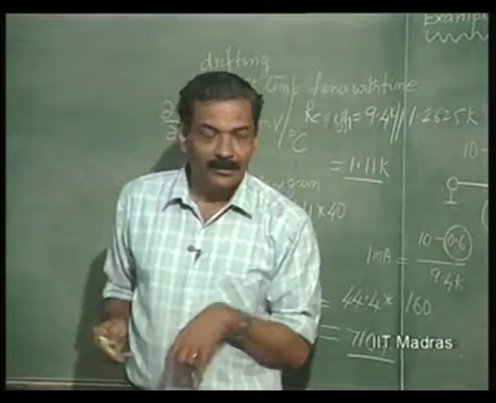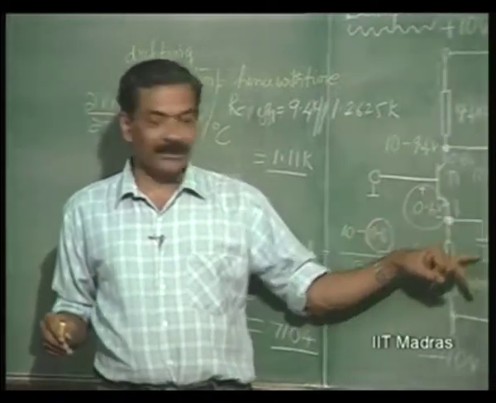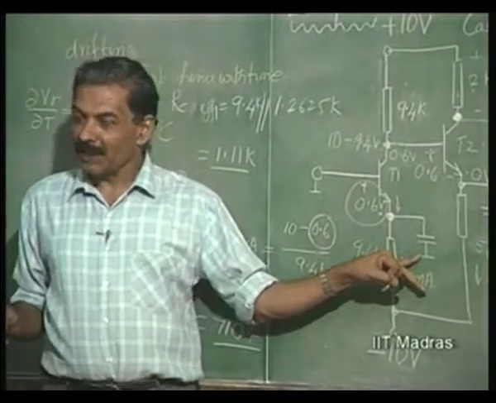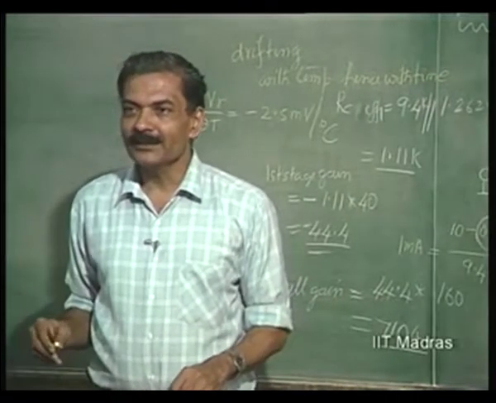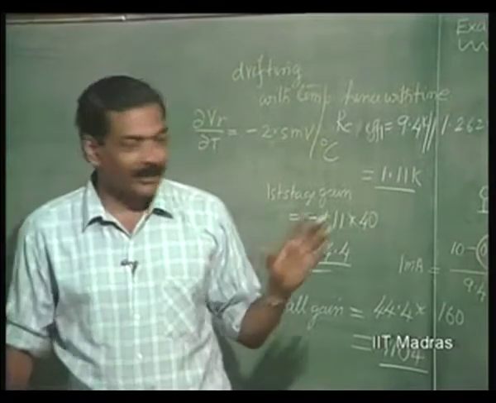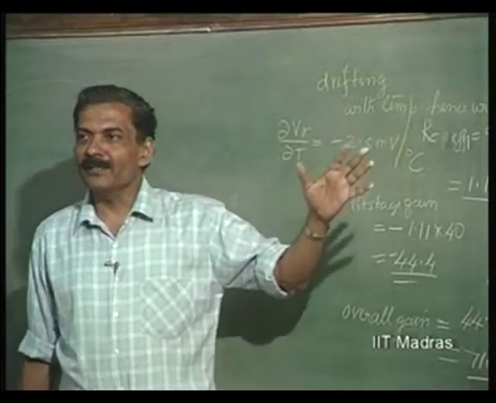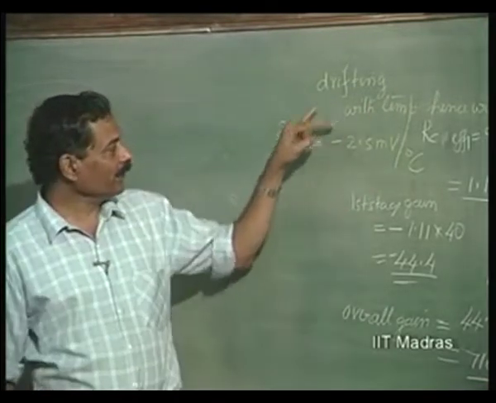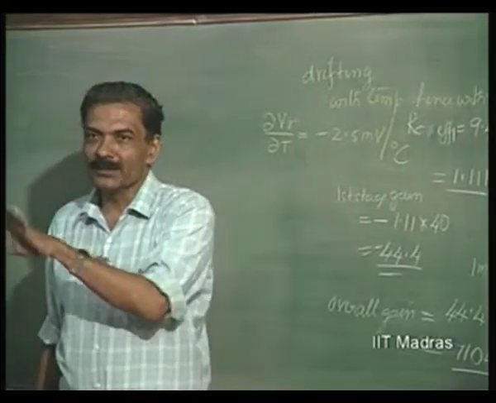So, fortunately for us, this capacitor is not really a short circuit for that drift frequency, because this temperature variation is going to occur very slowly. That means the voltage variation with respect to time is a very slow phenomenon.